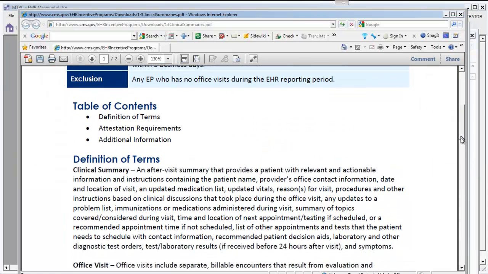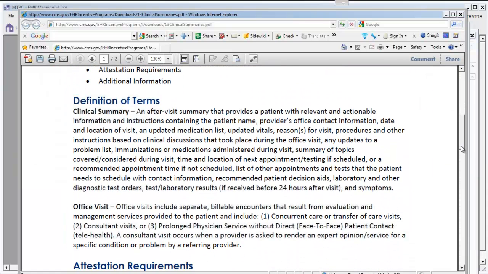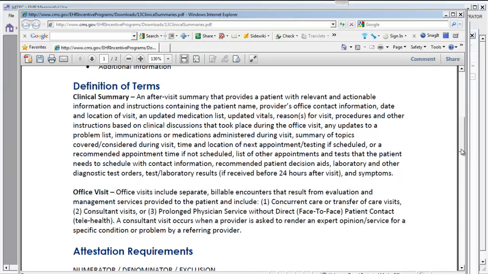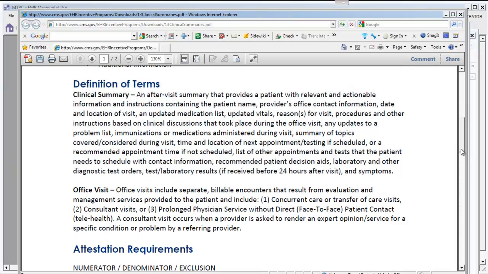Let's take a look at some of the definitions of terms and then talk about how this is provided through the MTBC EMR. A clinical summary is defined as an after-visit summary that provides a patient with relevant and actionable information and instructions containing the patient's name, provider's office contact information, date and location of visit, medication lists, updated vital signs, reasons for visit, procedures, and other instructions based on clinical discussions that took place during the office visit.